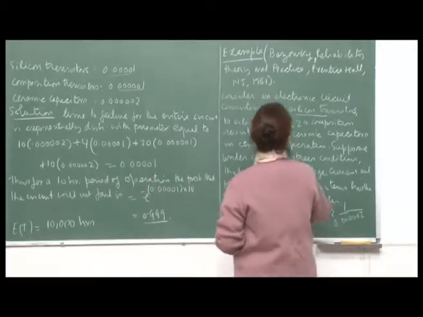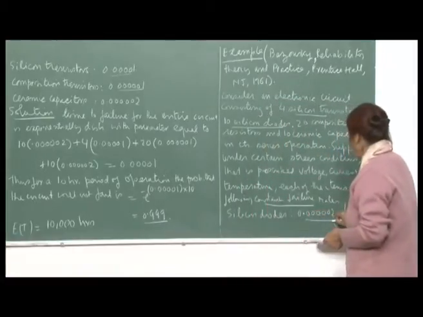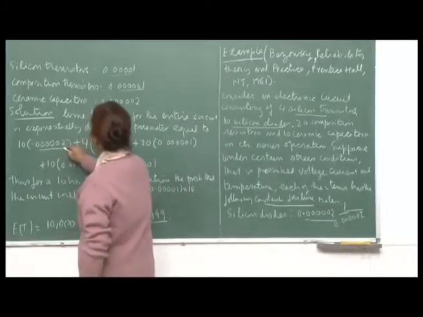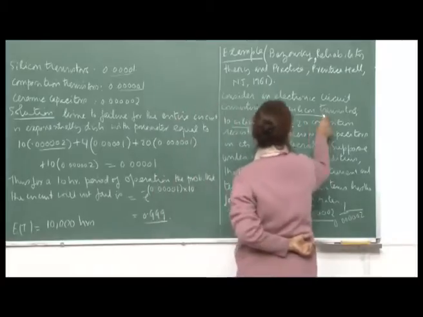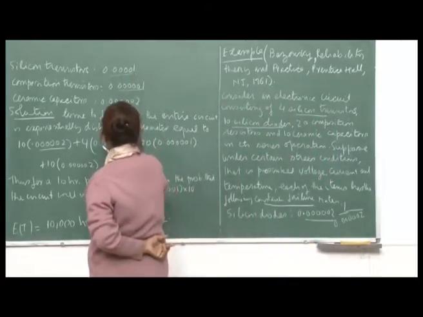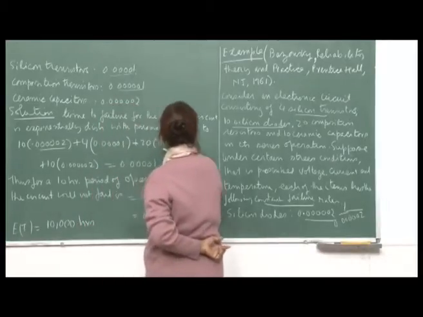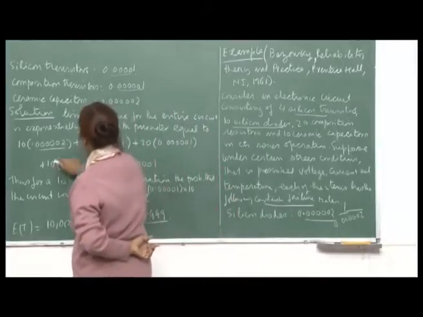You have 10 silicon diodes, so 10 times the parameter for the silicon diodes, then 4 silicon transistors, so 4 times this parameter, which is 0.0001, plus 20 composition transistors, 20 times this, plus 10 ceramic capacitors, 10 times this.